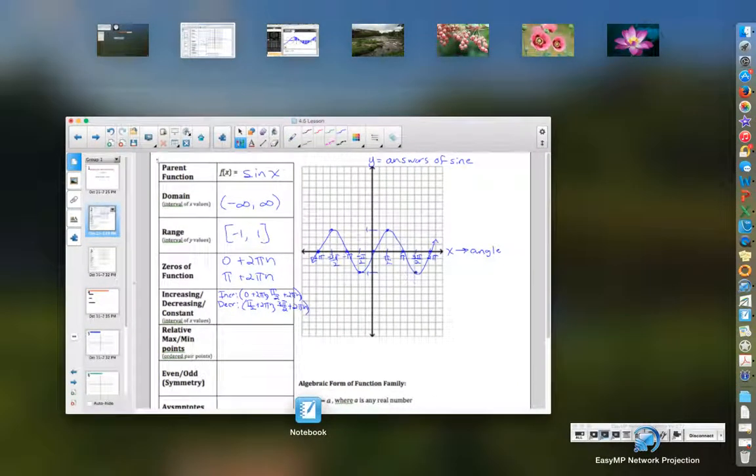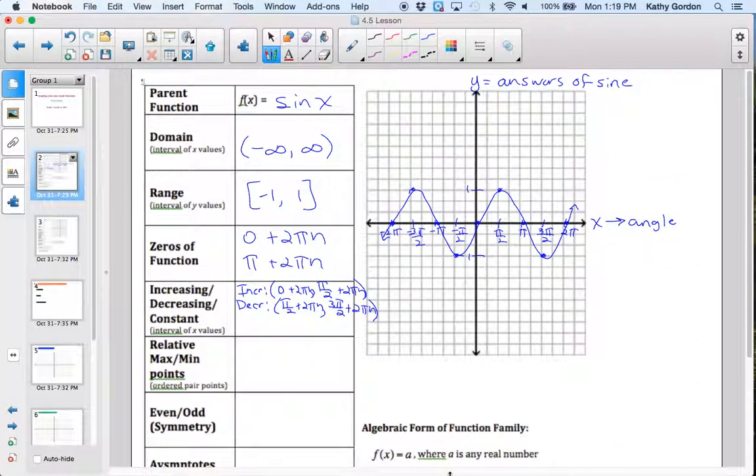It keeps repeating itself. Okay? So same with decreasing. From pi over 2 to 3 pi over 2 is now the down part of my graph. But again, adding the 2 pi n to each of those means there's this piece, and then that piece again, and that piece again, and there's that piece going this way.